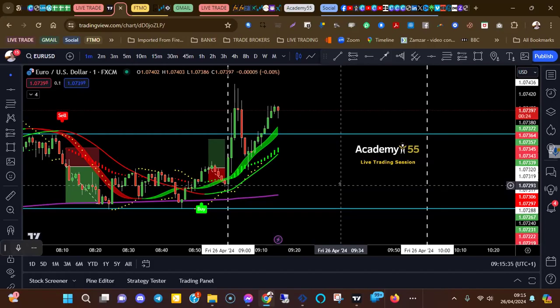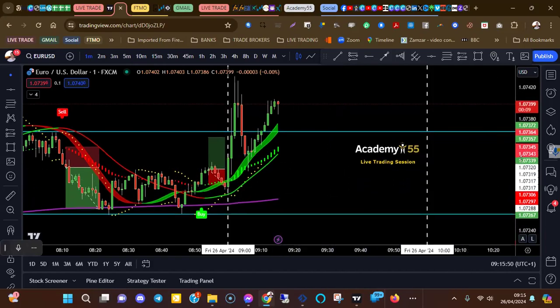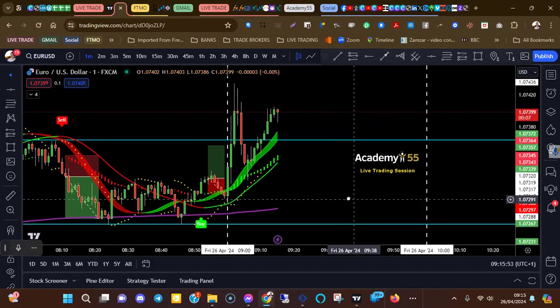So it might be only 9% instead of 10%. So it does affect the other currencies. So it's very important to keep an eye on the dollar specifically and what the dollar is doing, because it does affect the other currencies.